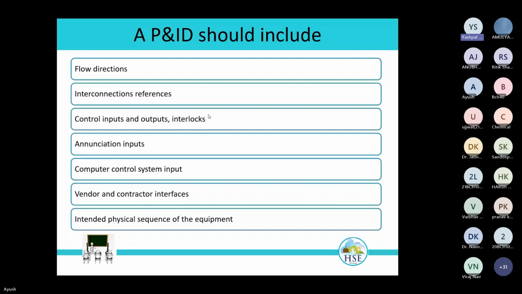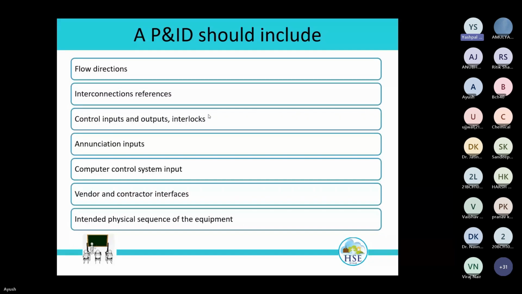Similarly, instrument piping also has different legends. So control and input details, everything from the sensing device to the transmitter to interlocks and logics, can be defined through the P&ID.